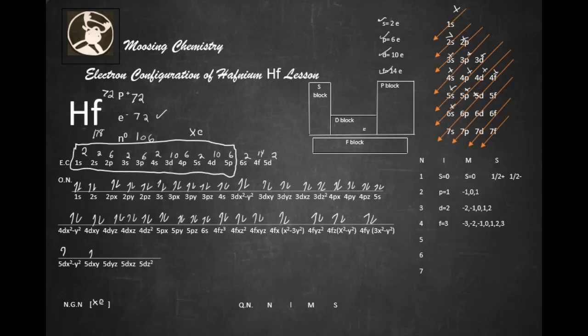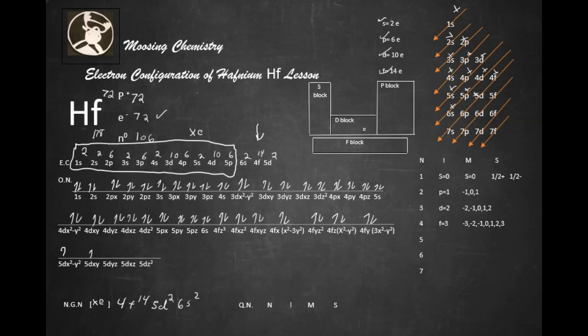So we're going to put the rest of it into numerical order, which would be 4f14, 5d2, 6s2.